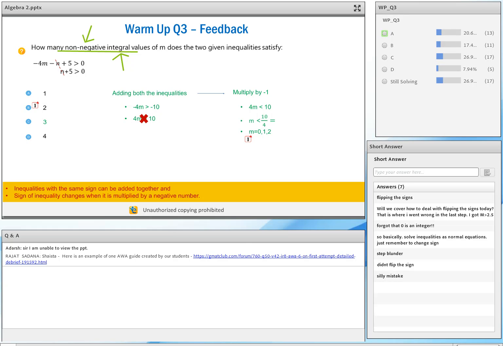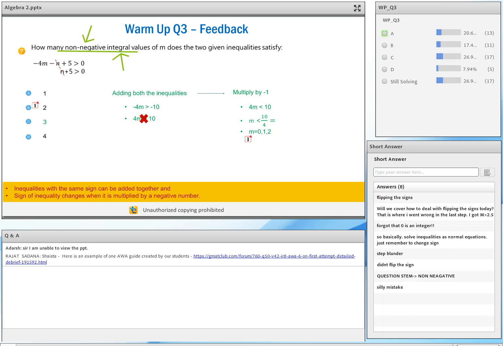The other learning from this question is that 0 is a non-negative integer. 0 is an integer first of all, and then it is a non-negative integer. So make a note of both of those things, because especially the flipping of the sign upon multiplying the inequality by a negative number, that is something which we will be talking about time and again in this session, definitely.